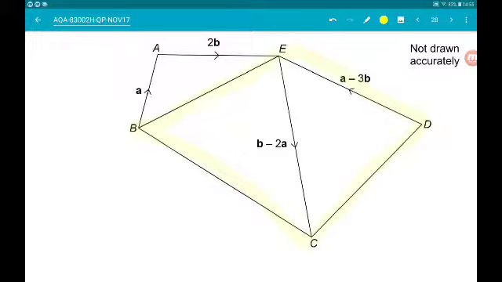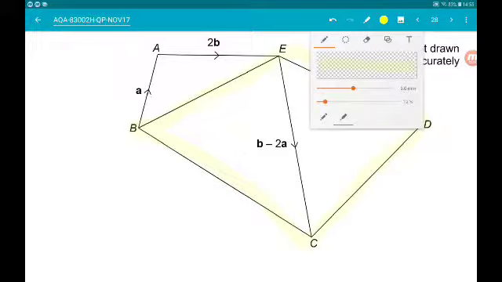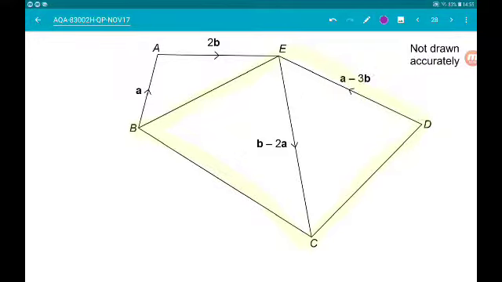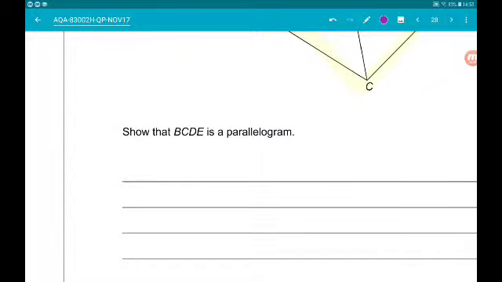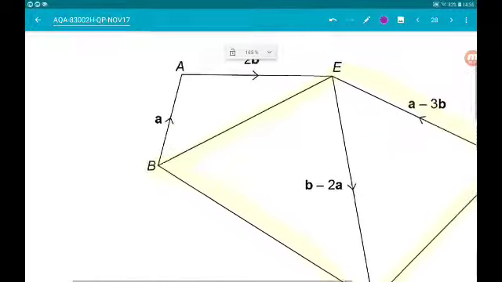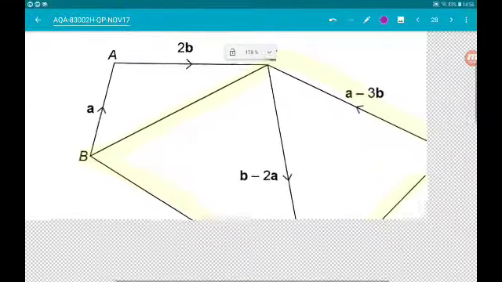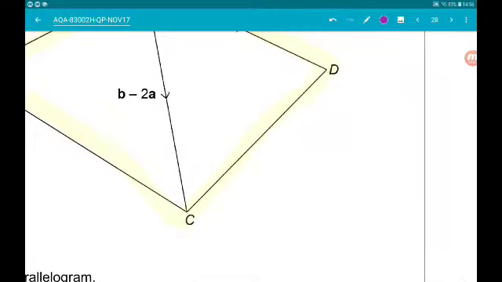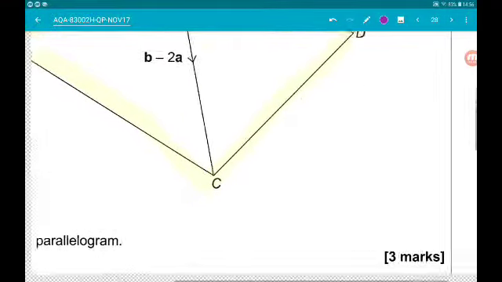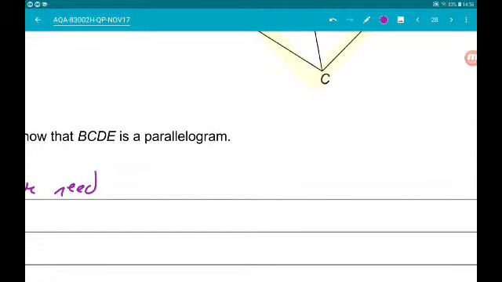So what we need to do is show that we need BE to be parallel to CD. So we need BE and CD to be parallel.